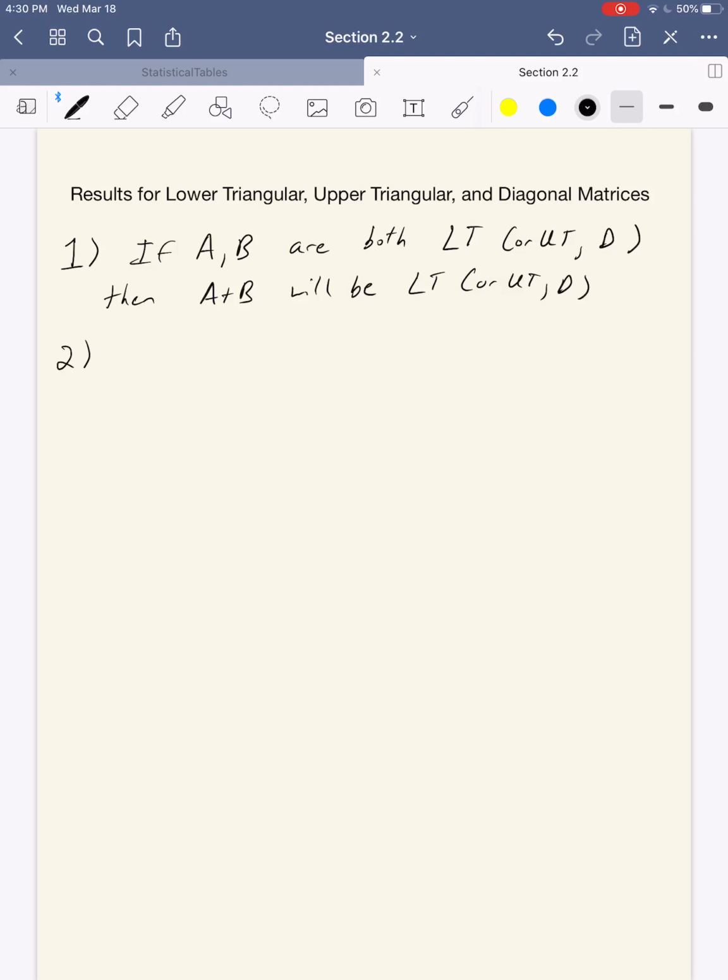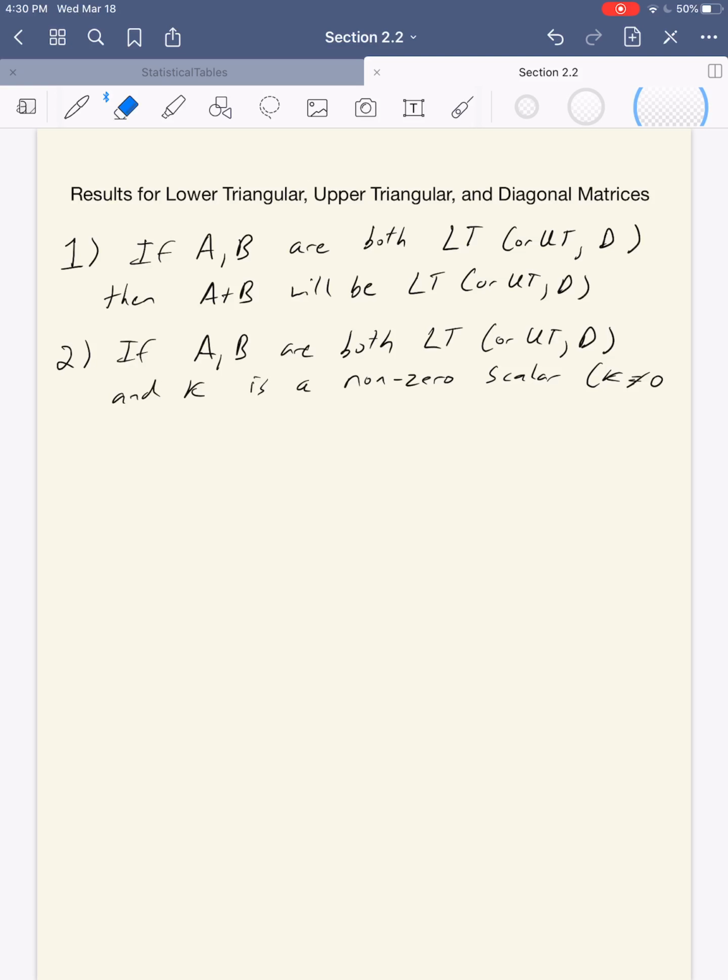Okay? If A and B are both lower triangular or upper triangular or diagonal, and k is a non-zero scalar, so k not equal to 0. Oh, my apologies, we don't actually need two matrices in this one, so let's just erase that real quick.